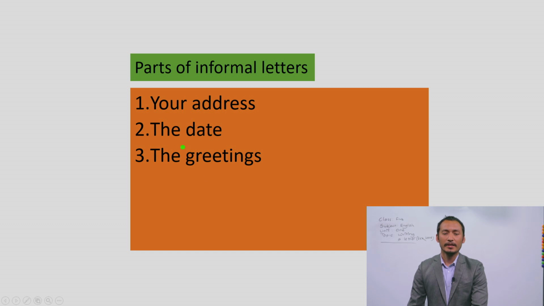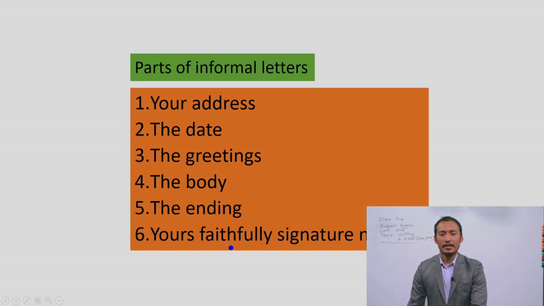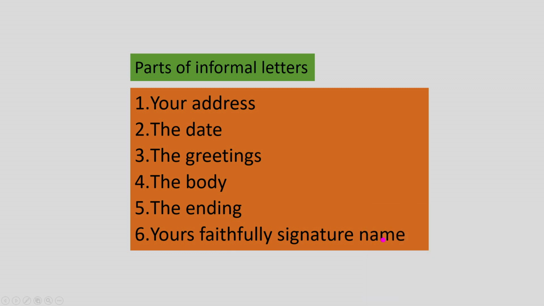You don't write to someone. You just say dear friend or dear mother or dear brother, and you greet and start your letter, and then comes the body. All right, students, and then next is the ending, and like before we said, yours faithfully, and you sign there, and your name at the end.